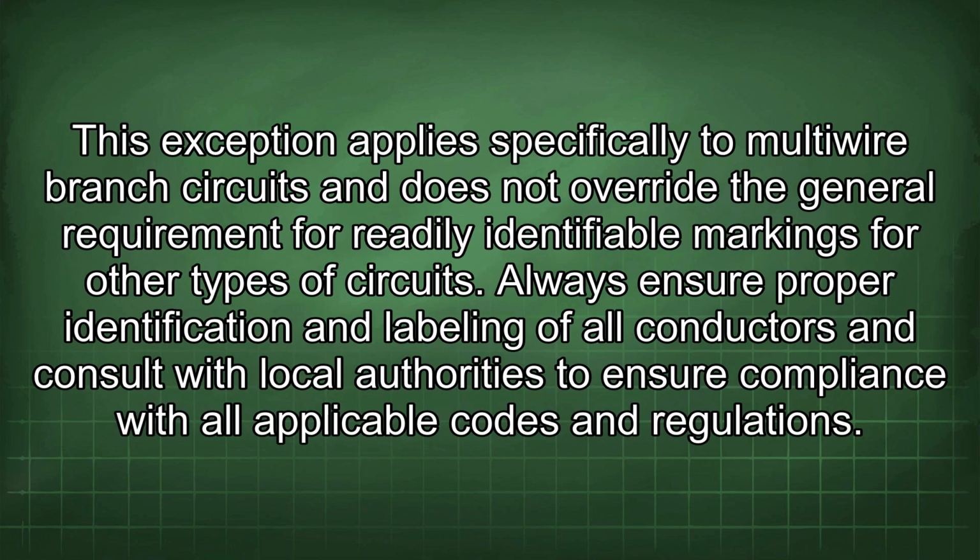This exception applies specifically to multiwire branch circuits and does not override the general requirement for readily identifiable markings for other types of circuits. Always ensure proper identification and labeling of all conductors and consult with local authorities to ensure compliance with all applicable codes and regulations.